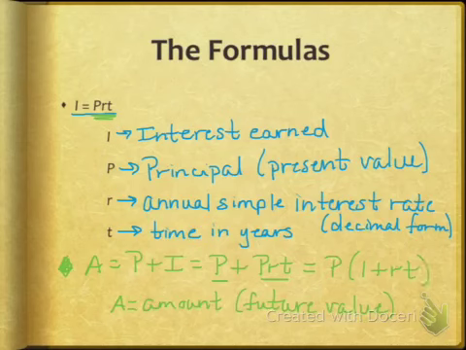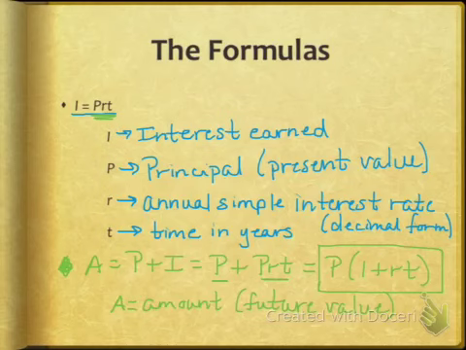And honestly, this is the form of this amount future value equation that we usually see. So A, the amount that we want altogether, will be equal to P times the parentheses 1 plus RT.